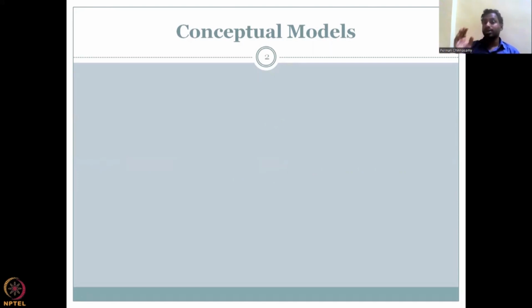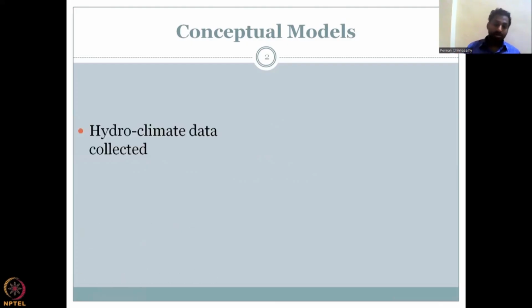Unless you bring three data sets, as I said, water level, the aquifer type, and the water quality, and marry them together as one conceptual model, it is difficult to understand what is happening. That is what the conceptual model helps in clarifying by bringing all the data together.